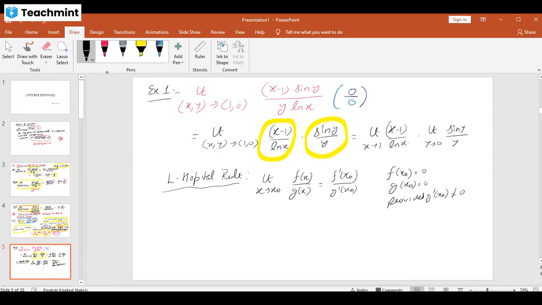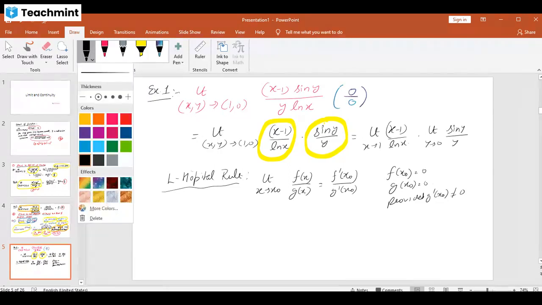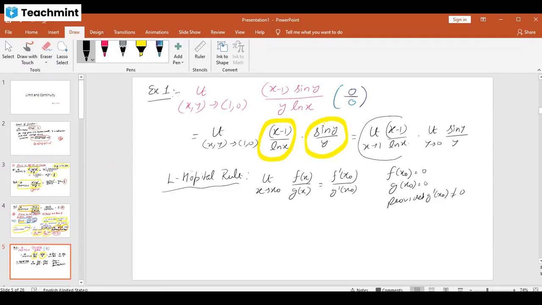Okay. But now, if we are using this concept here, let us suppose I try to calculate the limit of this part. So what about limit x tends to 1 of (x minus 1) upon log x? Now, because in this case it is 0/0 form, what can we do? We can differentiate the numerator function and the denominator function. So what is the derivative of x minus 1? The derivative of x is 1, the derivative of 1 is 0, so its value is 1.